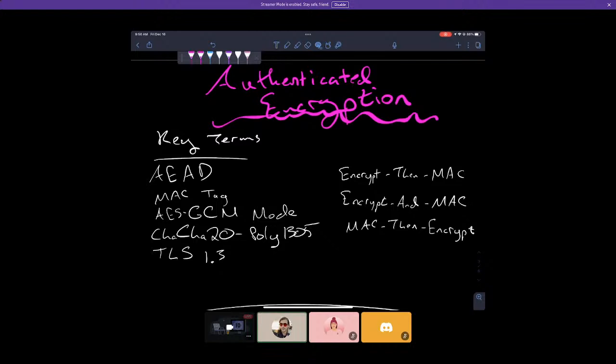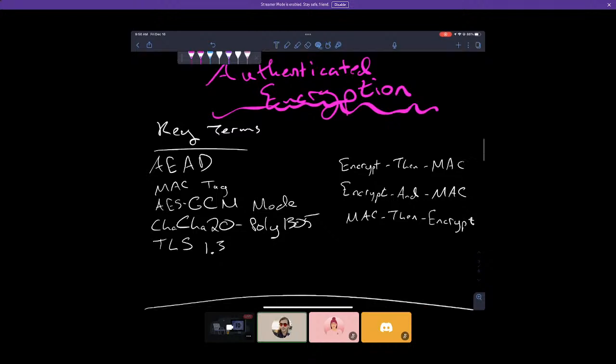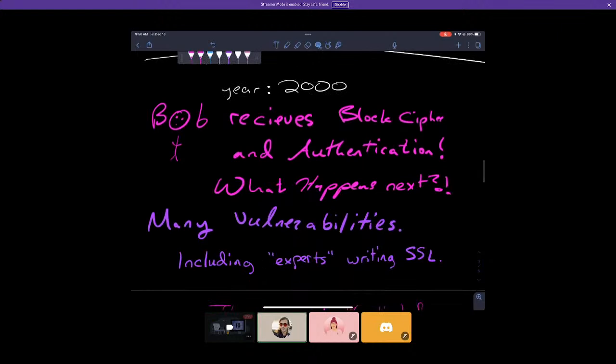And so authenticated encryption is like this primitive in cryptography, though it's not really a primitive, it's just mashing together MACs and encryption schemes. That was not entirely successful as a primitive, and there were a lot of vulnerabilities, even with the experts who should have known how to do cryptography implementations, the folks who wrote SSL, which was Netscape's cryptography library that turned into the cryptography library that the entire internet used.